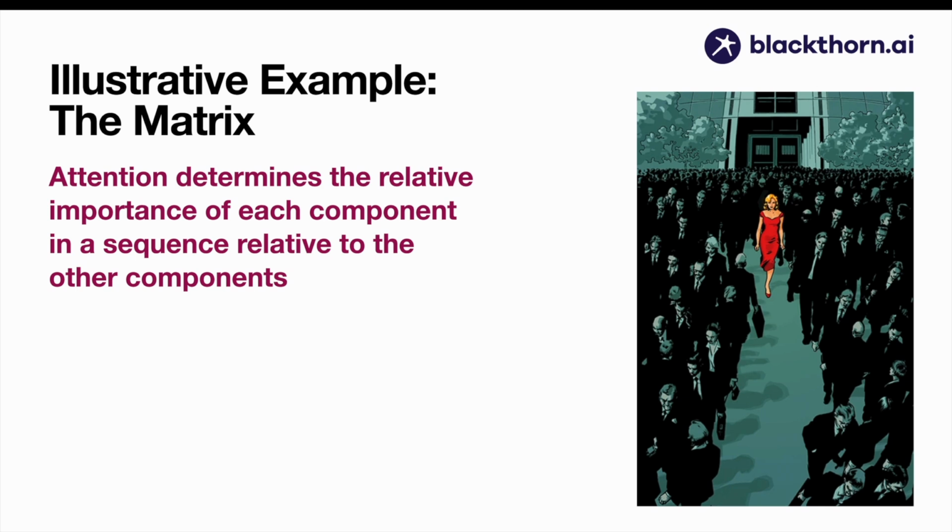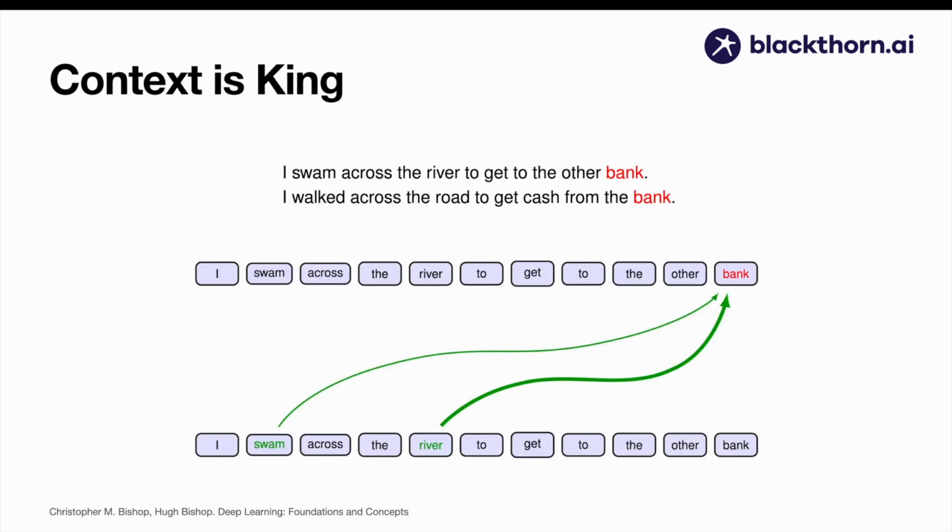The attention mechanism does something similar. It filters out the less important information and concentrates on what matters the most. If the entire crowd were red, his attention wouldn't single out that one person. It's about relative importance within context. Hence, the context is king.